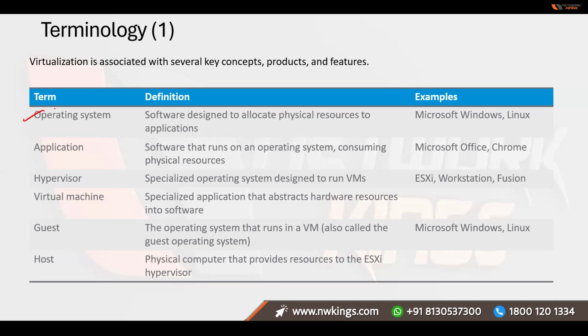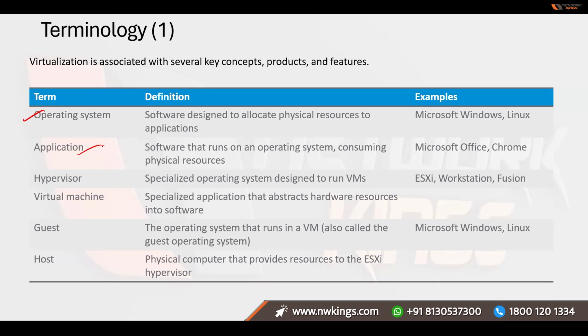Applications are like Chrome, Word, MS Teams, right? They need those resources for their operations. So the operating system is the mediator which allocates resources to the applications.